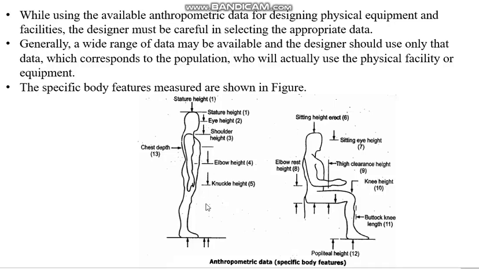So this is the eye height. If you say shoulder height, this is your shoulder. So from the shoulder to the ground, this is the shoulder height. Your elbow means, here, where your arm bends. Your elbow height is from there to the ground.